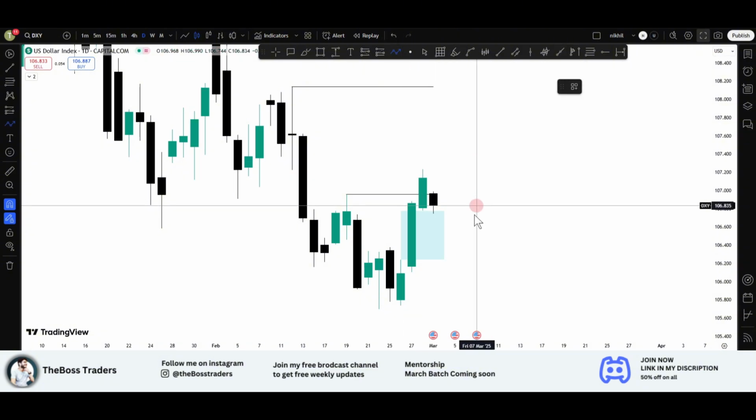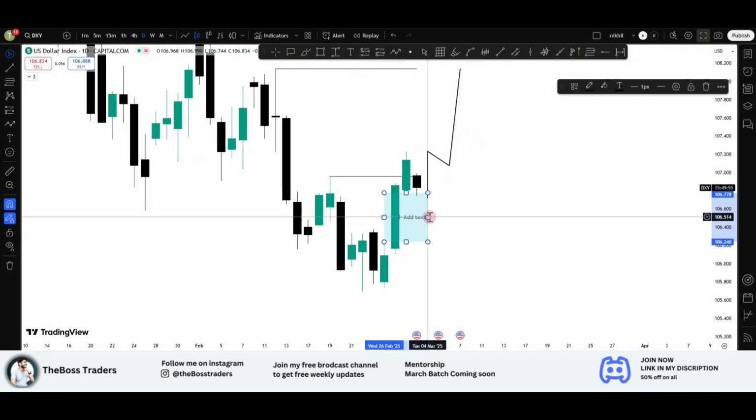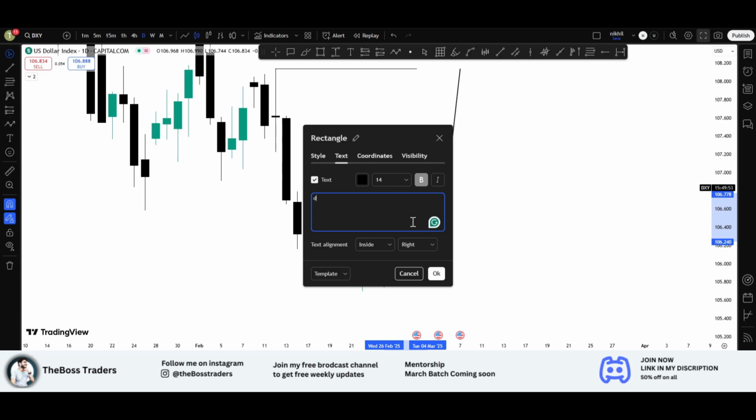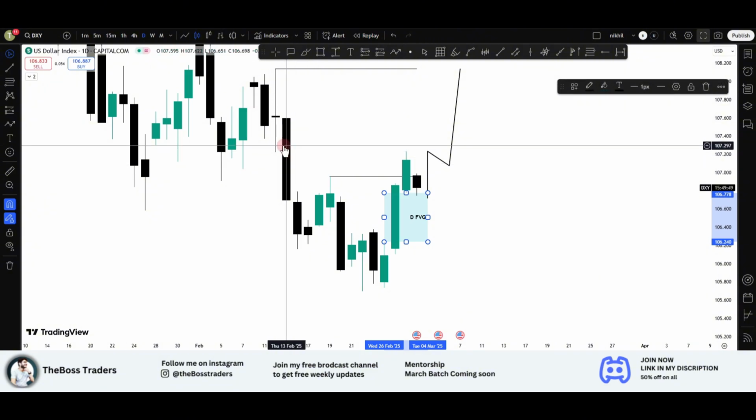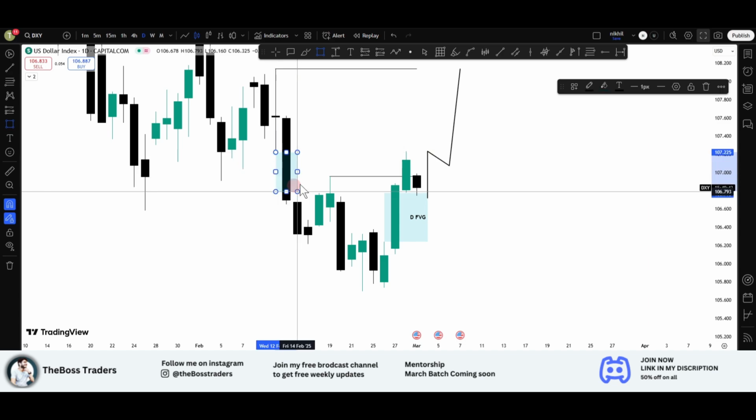From here, basically, price can trade to the upside. We have already grabbed this buy side liquidity, and price is also taking support at this daily FVG, and we have already mitigated this daily FVG right here.